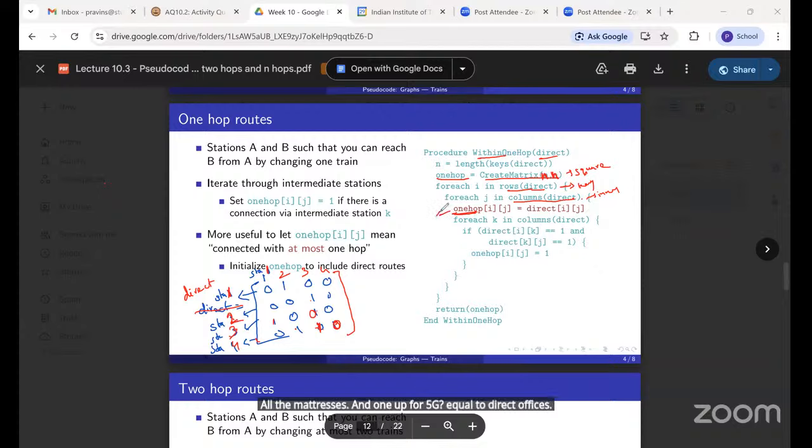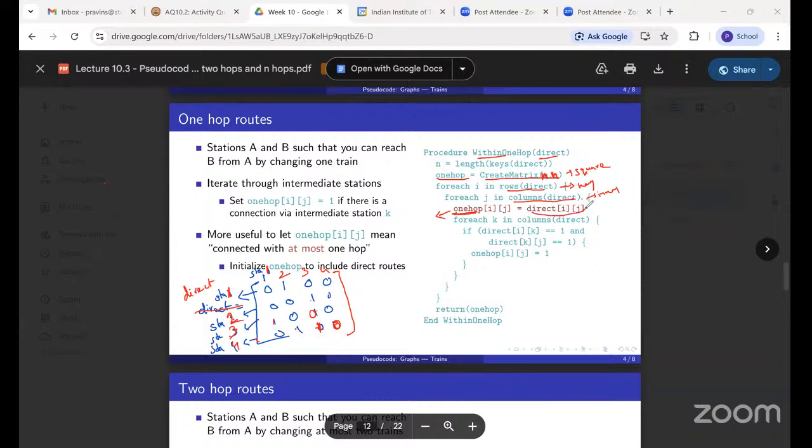What we are doing? Why are we initializing one-off of ij equal to direct of ij? If there is already a direct path, I don't need to reinitialize to 1 by checking the intermediate station, right?